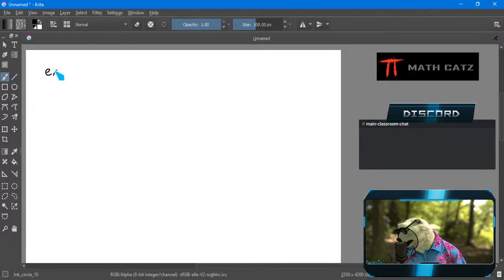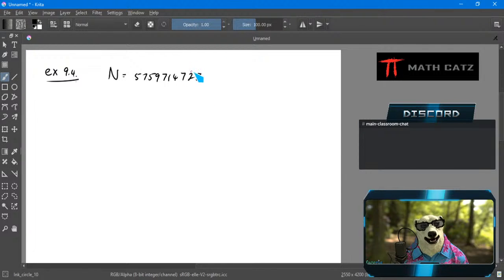We are doing exercise 9.4, and we want to determine whether or not the following number, which is big, I'm going to call it n, is divisible by all the numbers we have a test for.